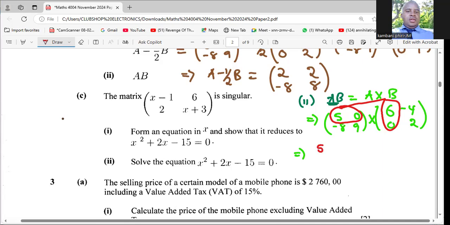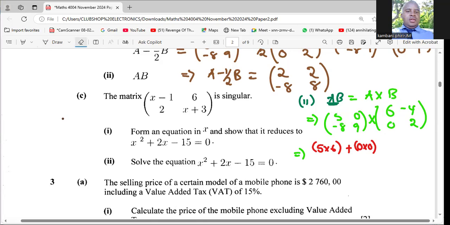So 5 by 6 plus 0 by 0. Then we move to the same row, but second column here.